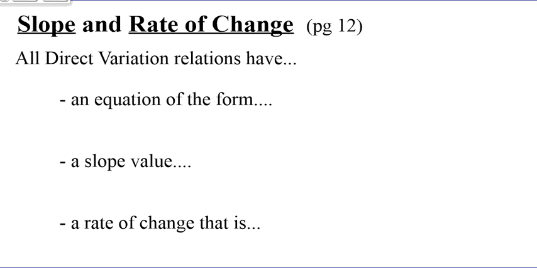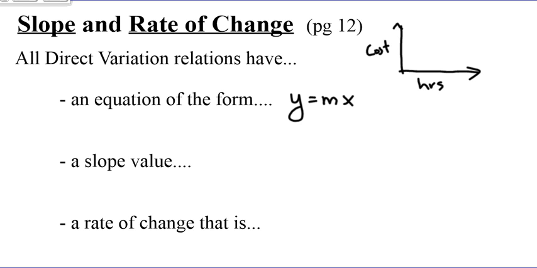So if we take a look at page 12, what information can we get from this? Well, all direct variation relations have an equation of the form: our y ended up being what we now know is the slope times the x value. Because we had number of hours rented and there was a cost, our y cost equaled, which we just proved, the slope times however many hours we rented.